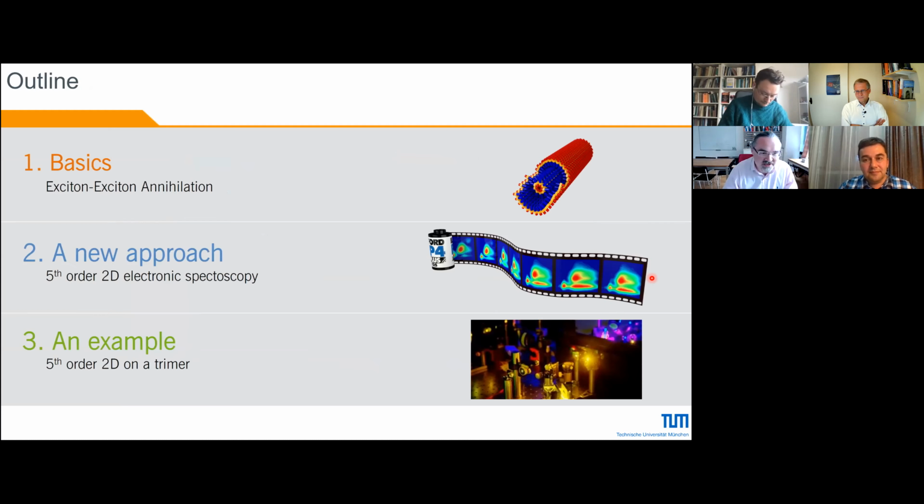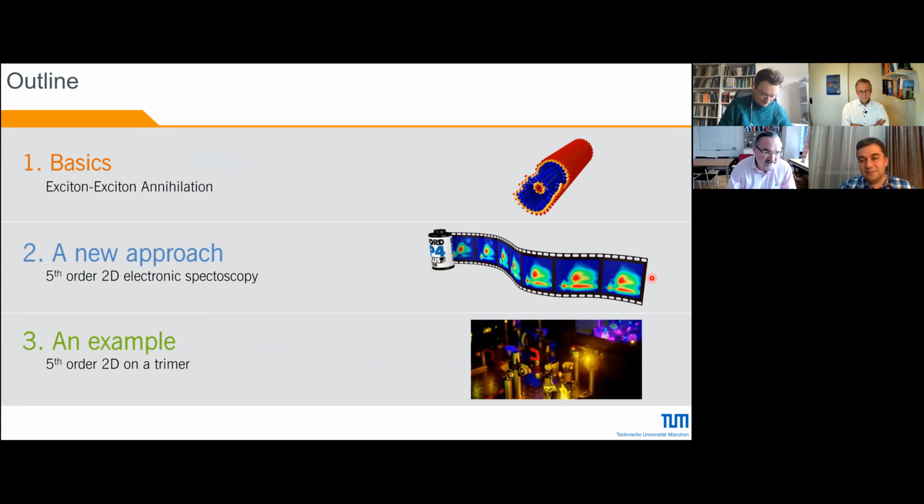Now, here's a short outline. First of all, as I mentioned, this is basically a technique that is, in my opinion, tailor-made for looking at Exciton-Exciton annihilation. So I'm going to say a few introductory words on what I mean by that and how we interpret this complicated process.